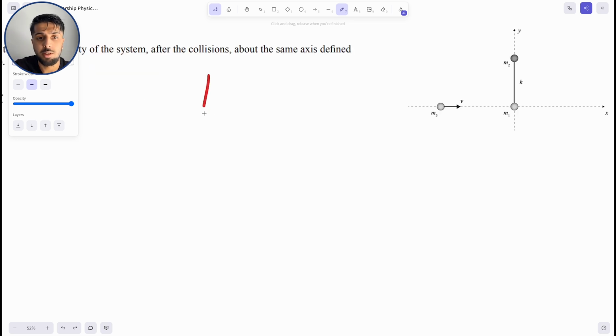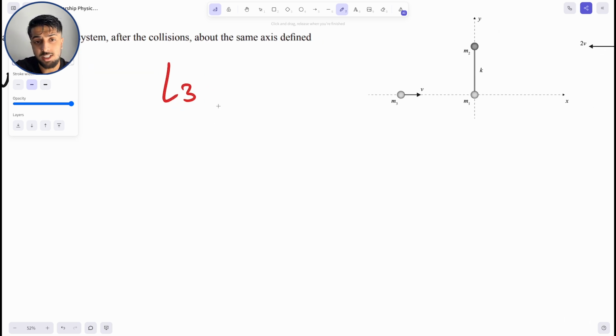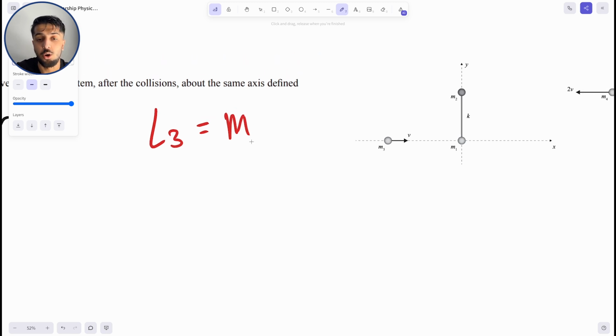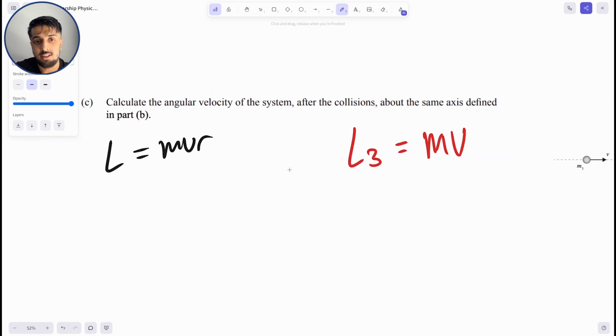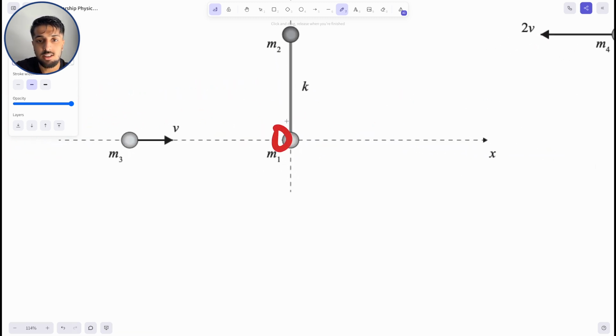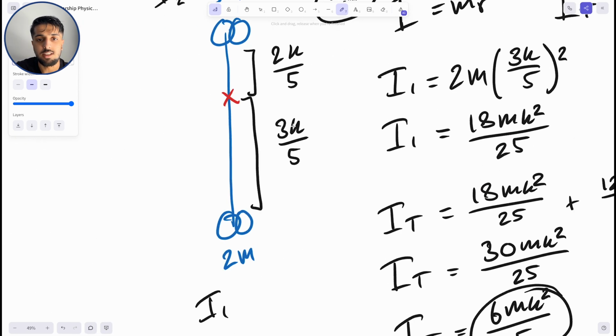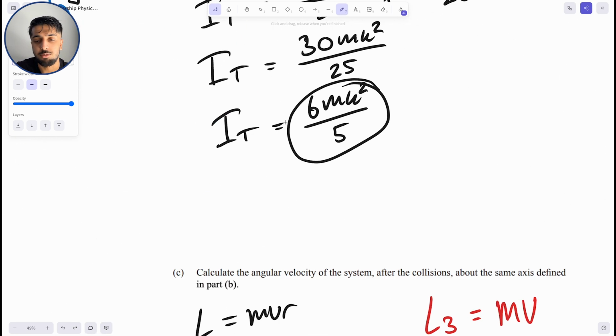The angular momentum of mass 3 is going to be m, since mass 3 has a mass of just 1m. Remember, mass 2 is the only mass with 2m as its mass value. It has a velocity of v, and the radius when it collides is this distance here, which we know from up here is 3k over 5.